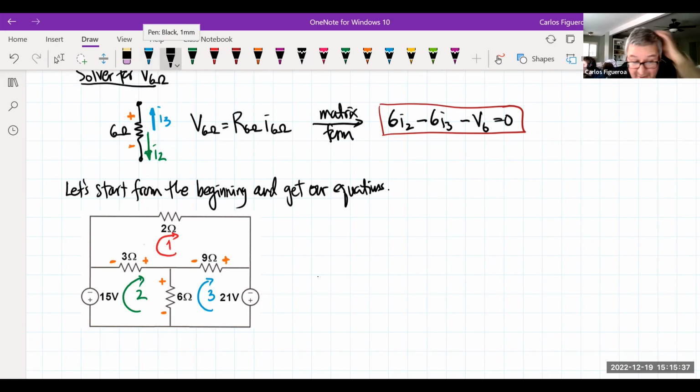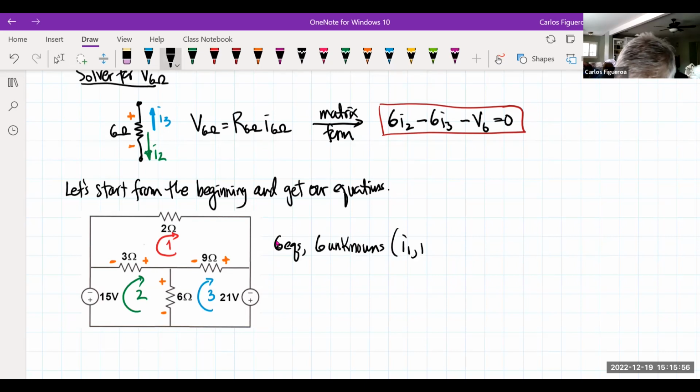So we know we have loop equations here, right? We know we have to have 6 equations. We have 6 equations and 6 unknowns. That means I have I1, I2, I3, and let's be careful, these are from the loop equations.